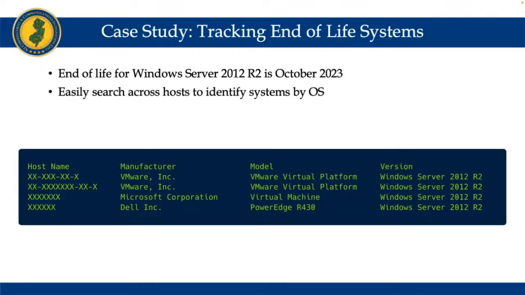And I wanted to give an example here of how we've used this host information to help increase the security of the state. So the end of life for Windows Server 2012 is coming up in a year, and we've already started to migrate systems off of these operating systems. And using our EDR solution, we're able to track this progress.